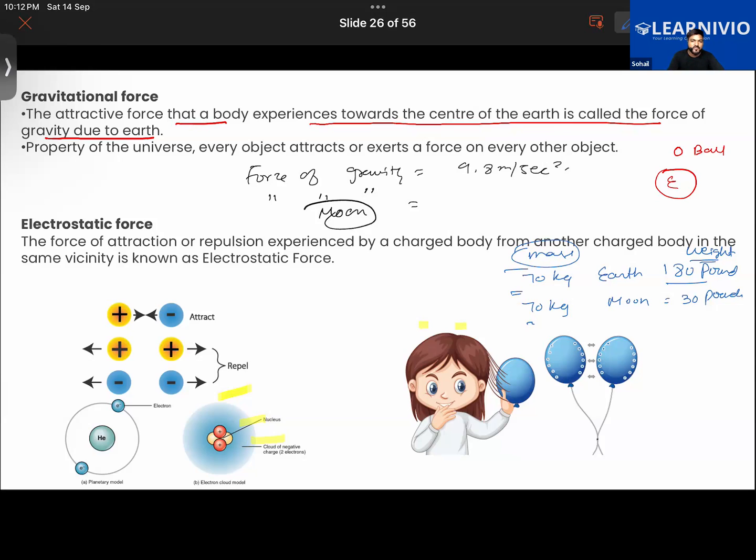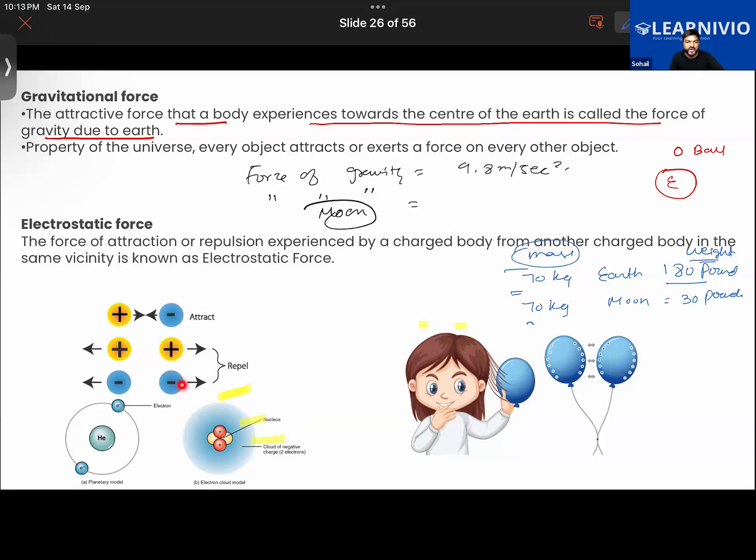Because of the charge between two bodies, a force of attraction will occur between them, and that will be called electrostatic force. When you have two charged bodies, one could be positive and the other negative, or both of them could be positive or negative. Thereby, a force of attraction or repulsion will take place between them. That will be called electrostatic force.